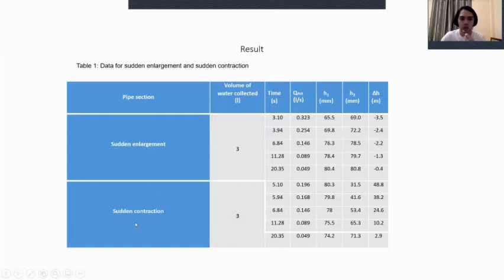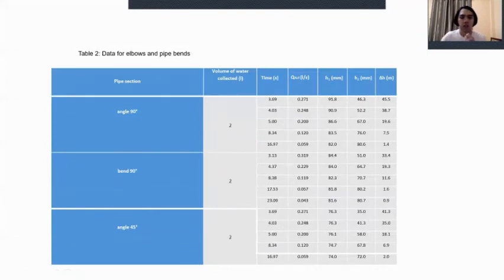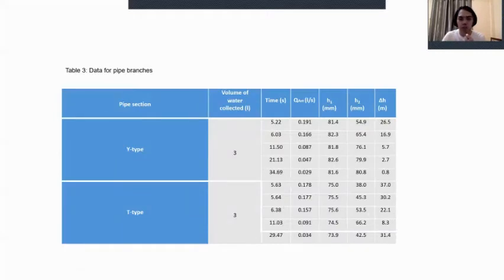This is for the sudden contraction. Also, these are the results for the 90-degree bend pipe, the 45-degree angle pipe, the Y-type pipe and also the T-type pipe.